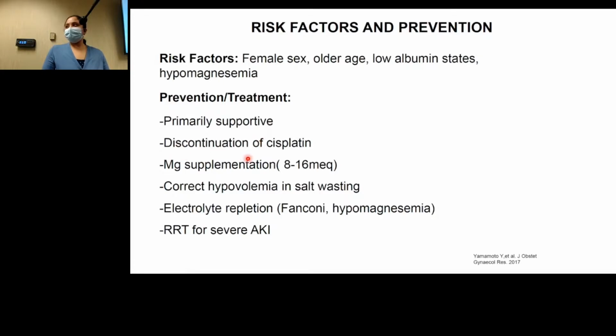primarily supportive: discontinuation of cisplatin, volume repletion, but then magnesium supplementation is something being studied that can probably reduce the risk of cisplatin nephrotoxicity. The dose to be given is about 8 to 16 milliequivalents.